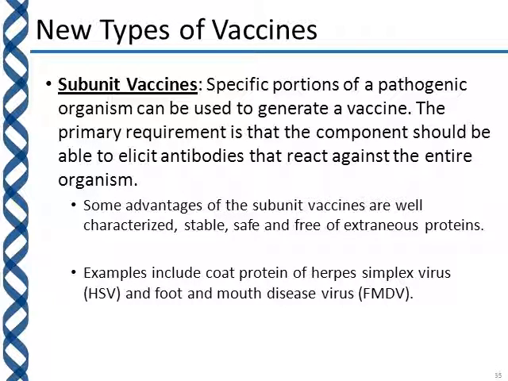Some advantages of the subunit vaccines are that they are well characterized, stable, safe, and free of exogenous proteins. Some examples include the coat protein from the herpes simplex virus and the hoof and mouth disease virus.